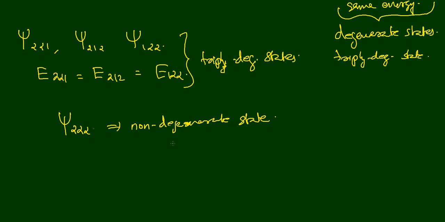So we have seen that psi 111 is a non-degenerate state. Psi 121, psi 112 and psi 211 are triply degenerate states. And then we saw that psi 221, psi 212 and psi 122 are also triply degenerate states, and psi 222 is a non-degenerate state.